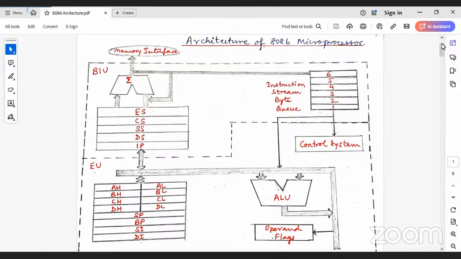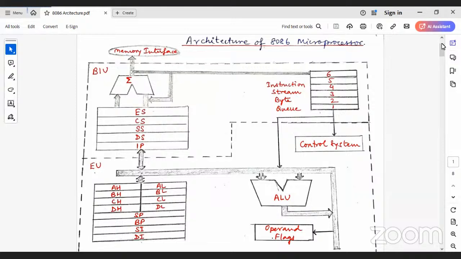So when it has to be used as address bus, your address latch enable will have two states, 0 and 1. Depending upon the state, that lower order address bus will be used either as address or as data. The same feature also exists in the 8086 processor.